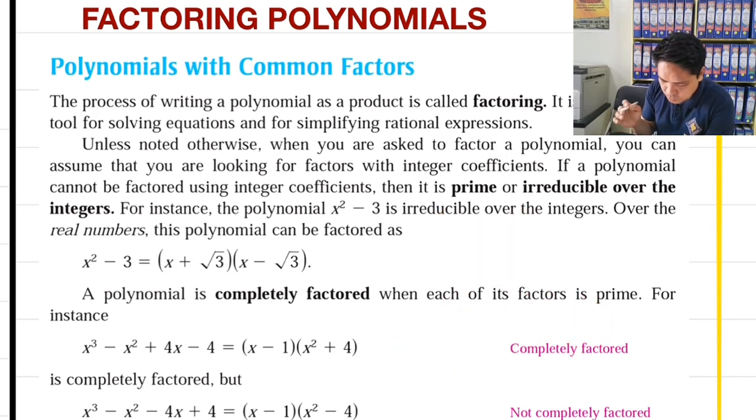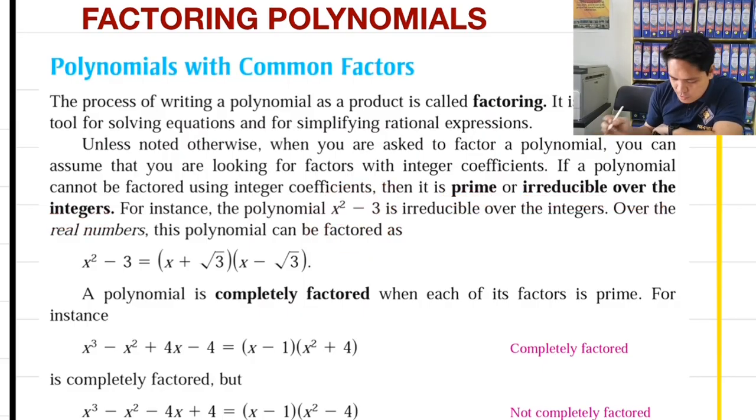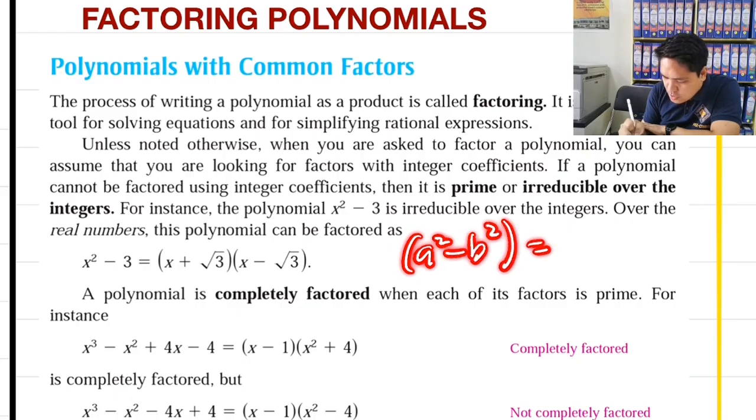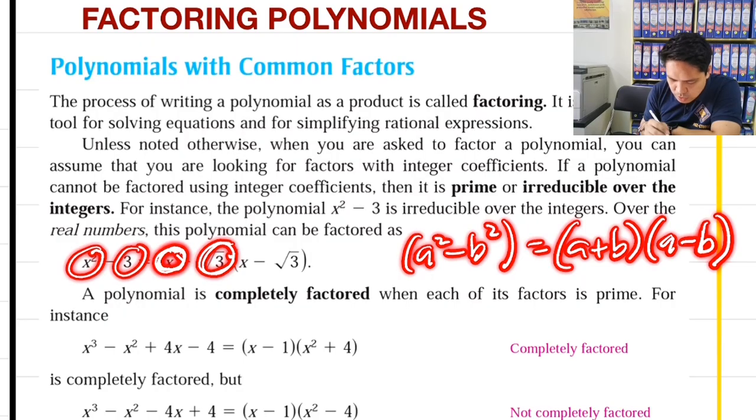But this example, x squared minus 3, is an example of a prime polynomial, or irreducible over integers. Because if we follow the special product a squared minus b squared equals a plus b times a minus b, then a is x, and if we square the other term, that would be 3.